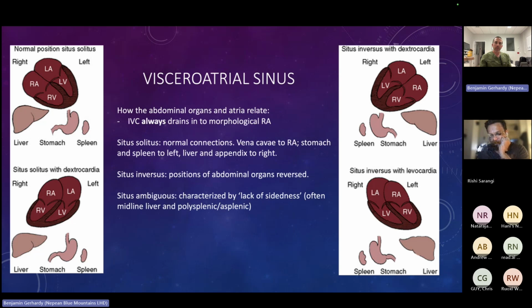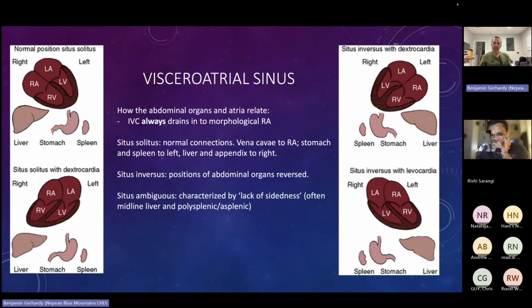The next concept is the visceroatrial situs. So that is how what's below the diaphragm relates to the heart. Okay, so normally we have liver on the right, stomach on the left, and we have our vena cava connecting to the right atrium. That's normal, right? Situs solitus is what that's called.